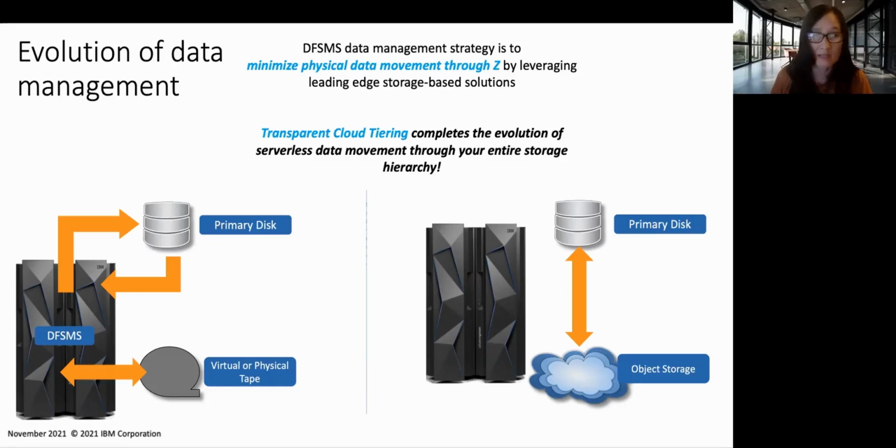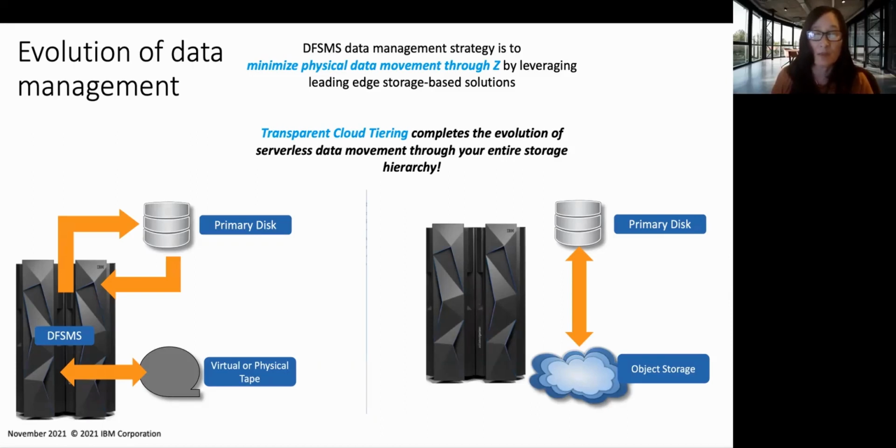So there's a lot of data movement that happens in z/OS, and that data movement takes a huge amount of resources on that mainframe. With transparent cloud tiering, we move away from having the z/OS handle that data movement.